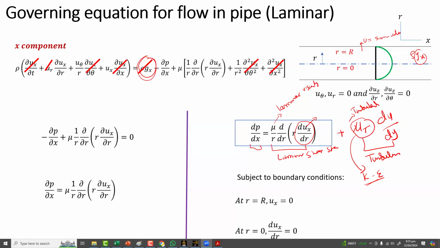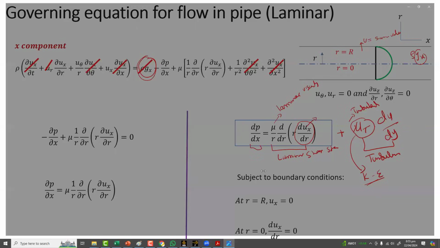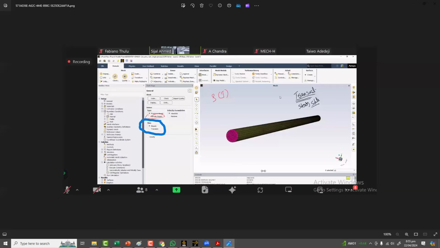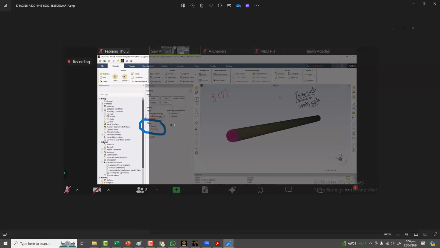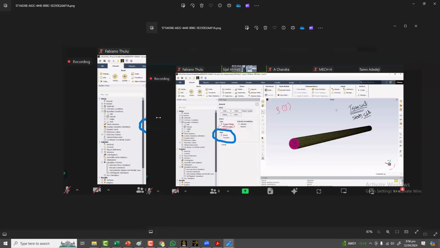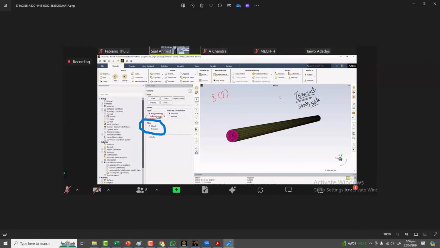wanted to know about when to apply the two. Two means which two, which is the one and which is the second number. Okay, this pressure based and the density based and the steady state and transient.